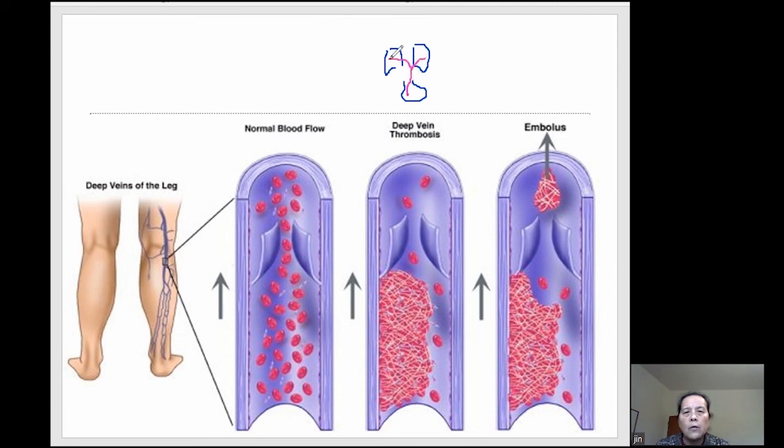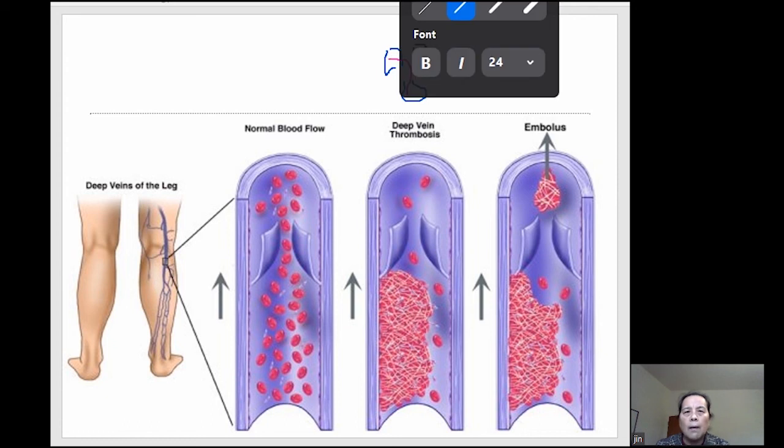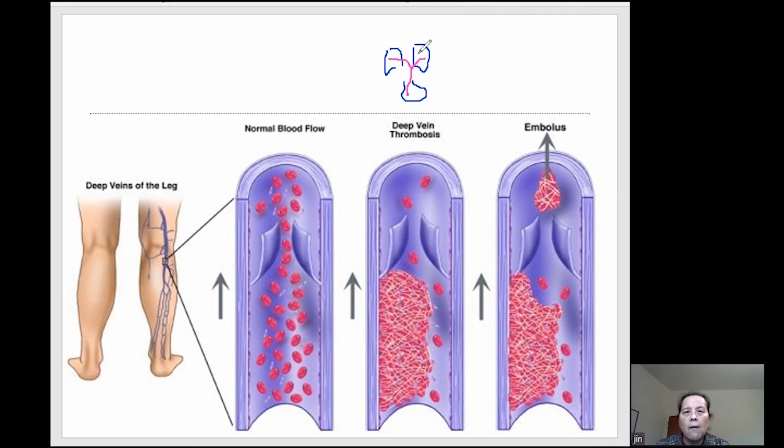That's the low-oxygen blood. And after passing the lung capillaries, the blood returns to the left side of the heart. That's the oxygen-rich blood. And this oxygen-rich blood will follow big blood vessels and go to the tissue capillaries.